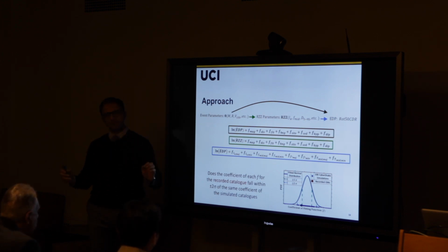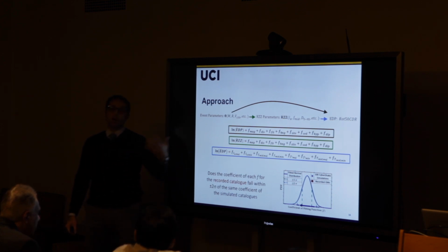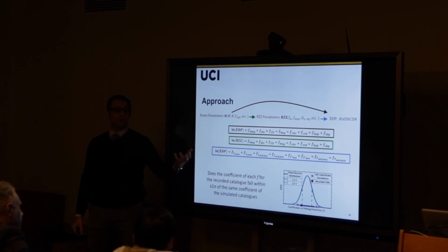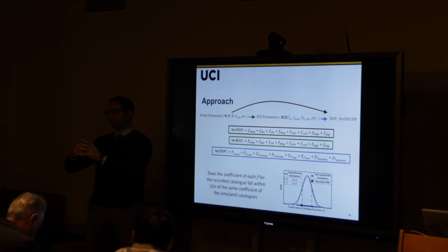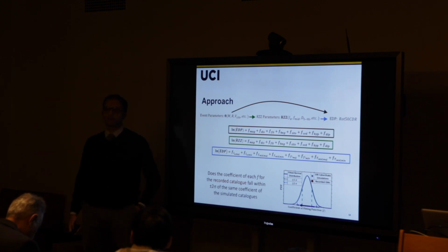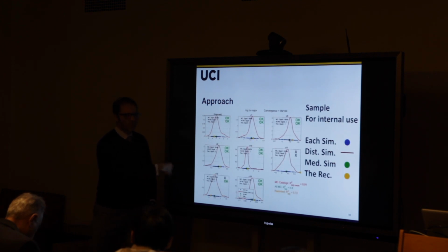Let me repeat this with another way of presenting the philosophy. If I can redo Earth, I can get 100 recorded catalogs. I can't, I only have one. If I have done the simulations, I have 100 of them. If this recording happens to be within plus minus 2 sigma of the distribution of simulations, I'm okay with that recording. So let's talk about what actually this means.